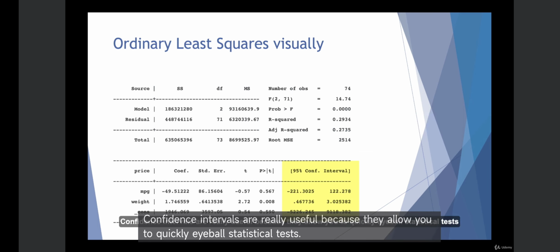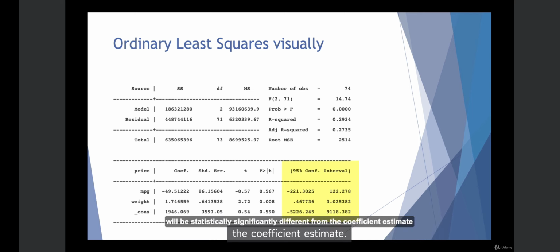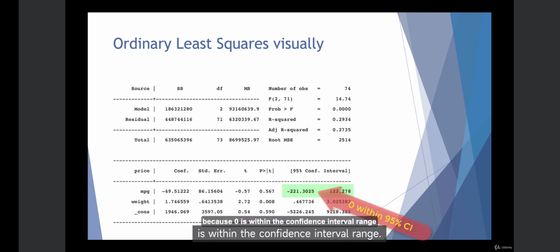Confidence intervals are really useful because they allow you to quickly eyeball statistical tests. Any number outside the confidence interval range will be statistically significantly different from the coefficient estimate. In this example, miles per gallon is not statistically significantly different from 0 because 0 is within the confidence interval range.